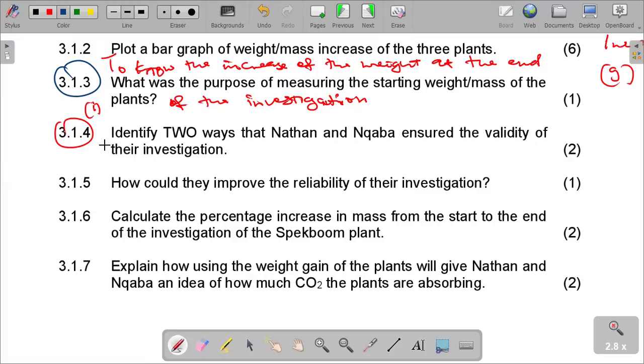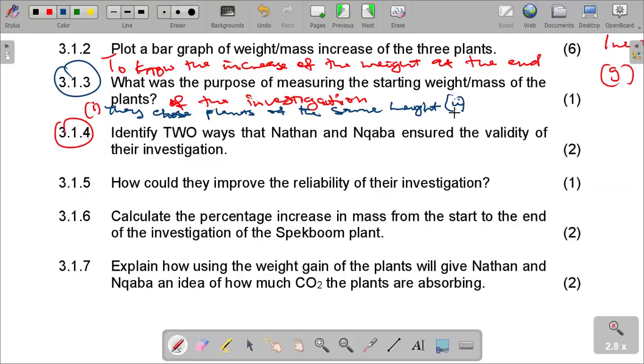They chose the same species, they chose plants of the same height. That is correct. We check the plants of the same height to make sure that the validity of the investigation is not compromised.